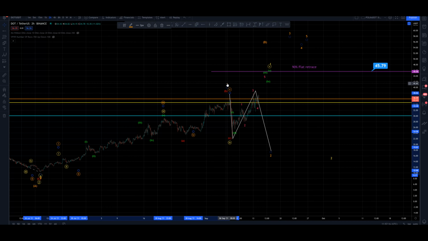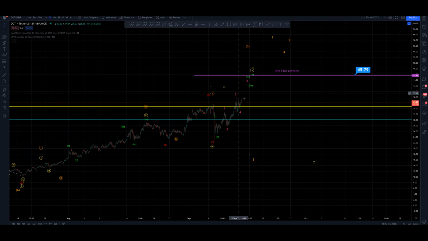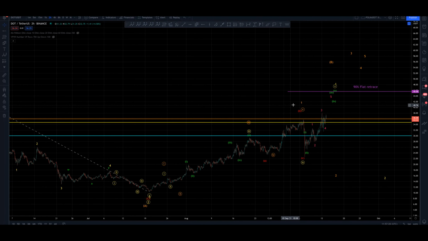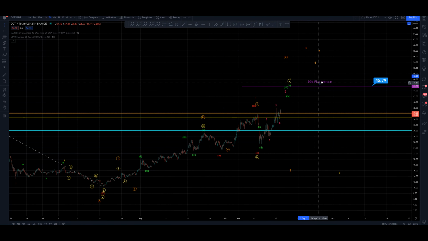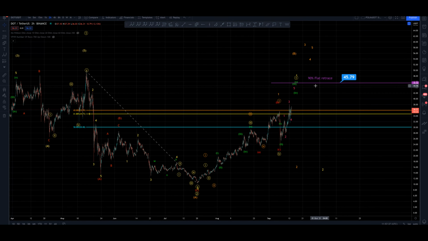So I'll leave that as the alternate bullish count, but that will still be very bullish, and we would expect to see a further move higher. So in the meantime, if we pivot here, then maybe the orange count of 1, 2 is correct. If we continue higher, we should be looking for this retrace target of 90% at 45.79, and then we'll see what happens, because that's the minimum target for a flat.